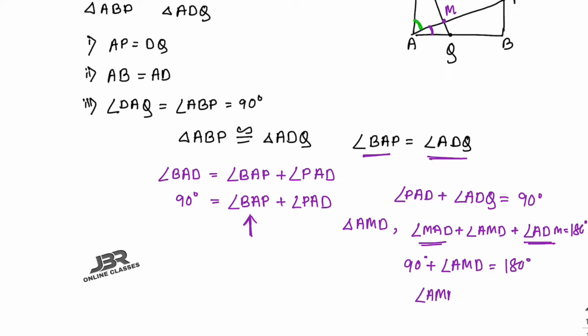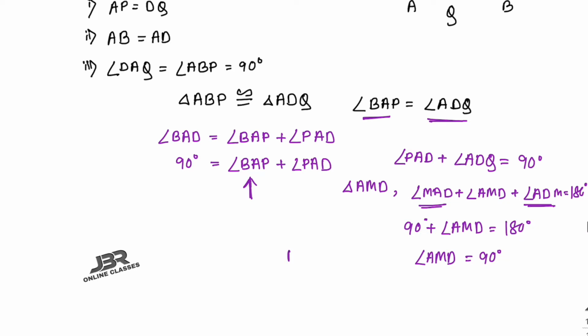So angle AMD equals 90 degrees. That means DM is perpendicular to AP. So definitely DQ is also perpendicular to AP, or AP is perpendicular to DQ. It's proved.